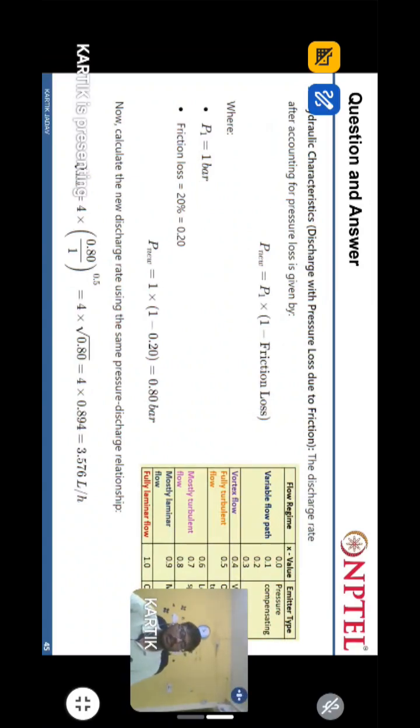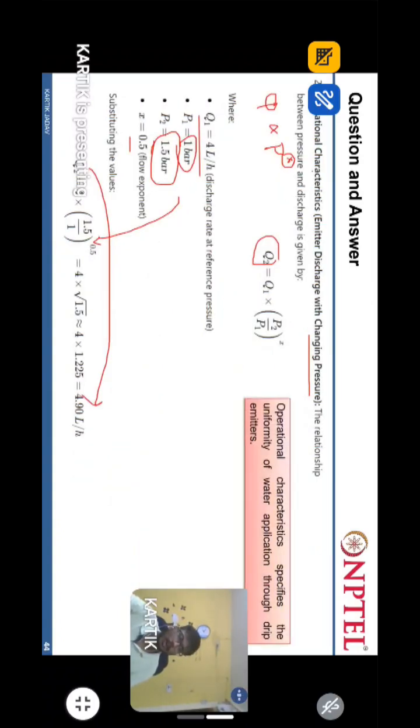Next, the last quantity in hydraulic characteristics, discharge with pressure loss due to friction. Hydraulic characteristics generally deal with the pipe material, based on the characteristics of the surface of the pipe, while operational characteristics are emitter discharge with changing pressure of the system.